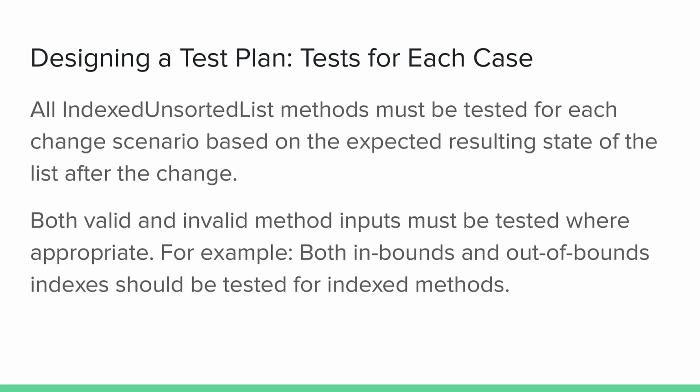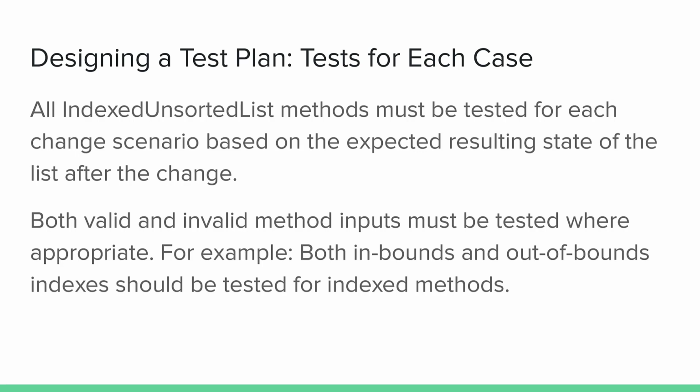Now that we've identified the actual change scenarios that we want to test, now we need to define the actual tests for each of these scenarios. In order to do this, for each scenario, we need to include a test or multiple tests for each of the methods out of the IndexedUnsortedList ADT.